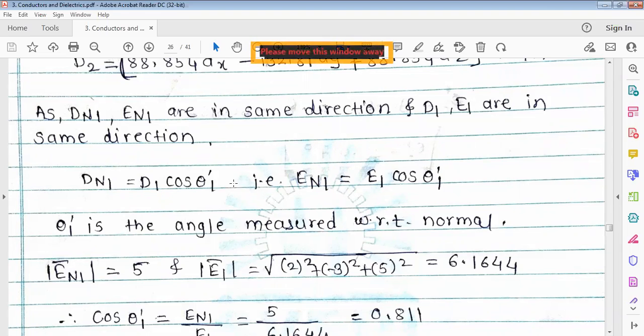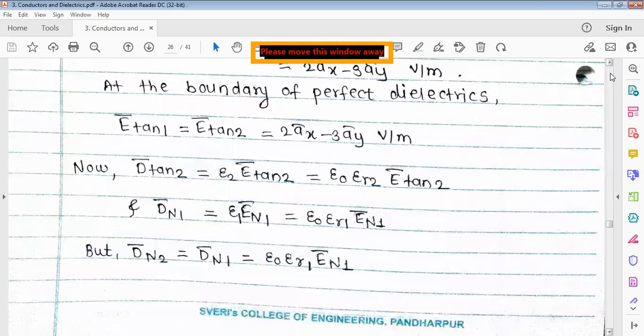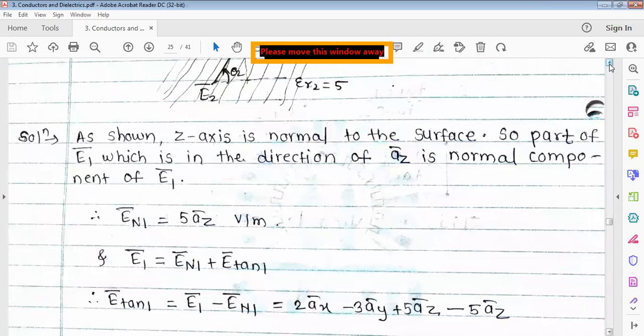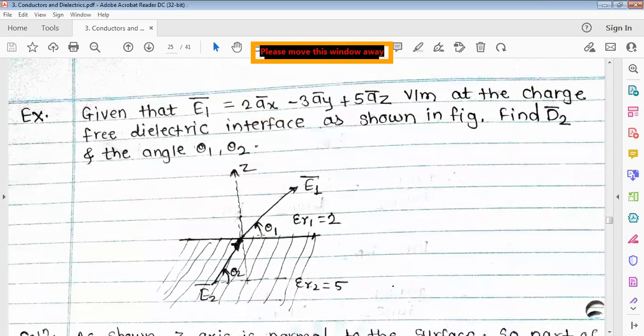First find this cos theta, then you can understand how to find it. So what is cos theta 1? This z-axis is your normal component.